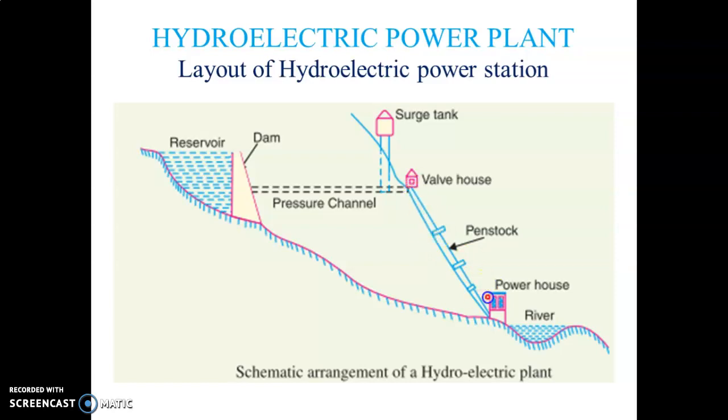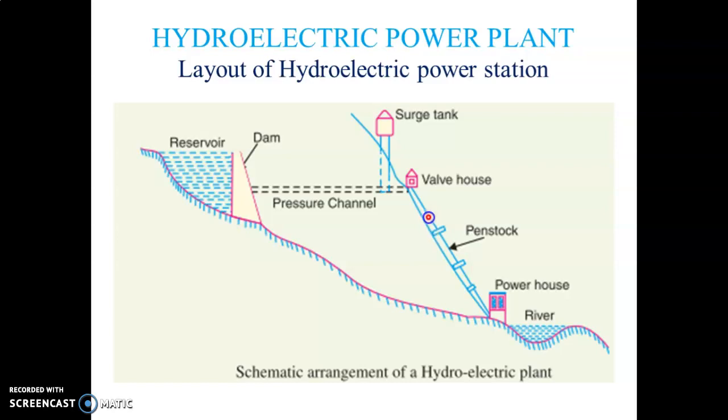The next one is the powerhouse. The powerhouse accommodates two components: one is the turbine and one is the alternator. In the reservoir, the potential energy of water is existing. Once the water flows through the penstock, it gets converted into kinetic energy because it moves with a velocity.